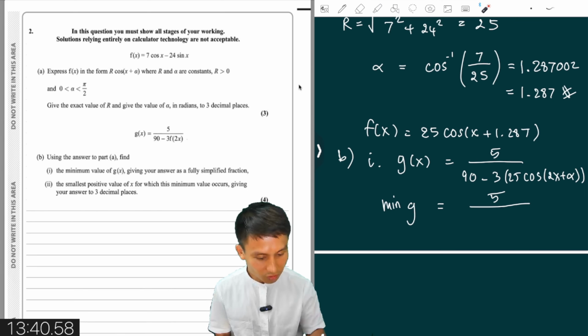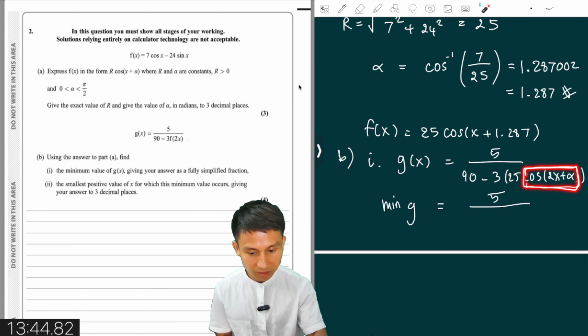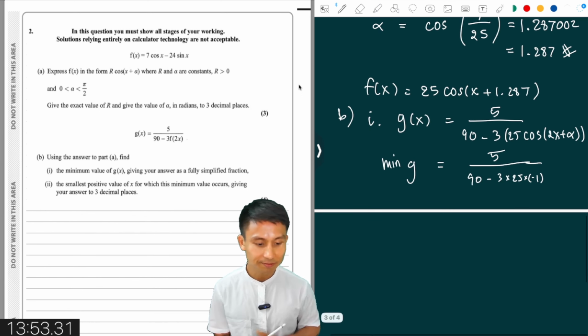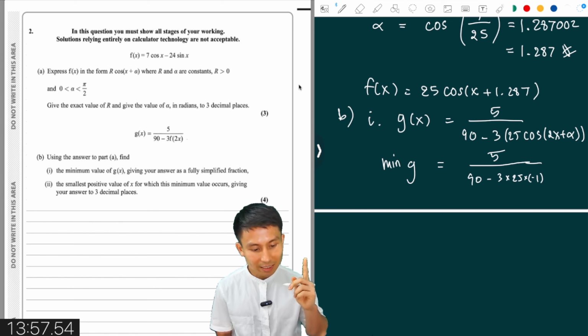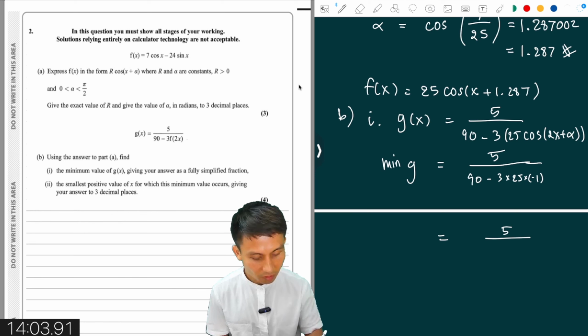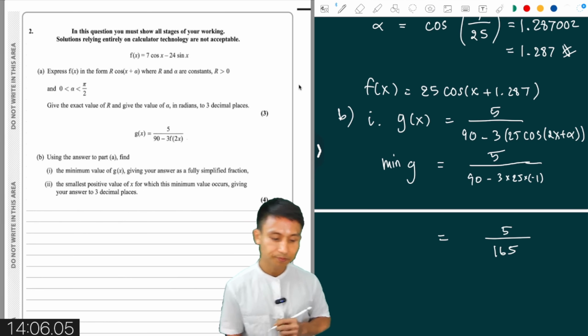As we discussed earlier, the cos function needs to be -1. So that would be 90 minus 3 times 25 times -1, still the same concept. So that is 90 plus 75.